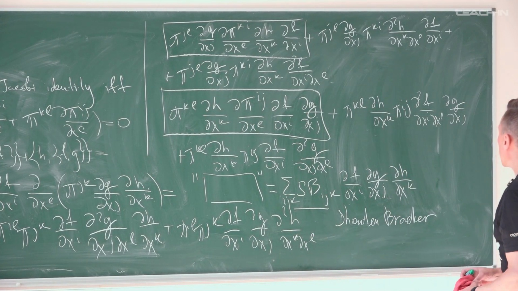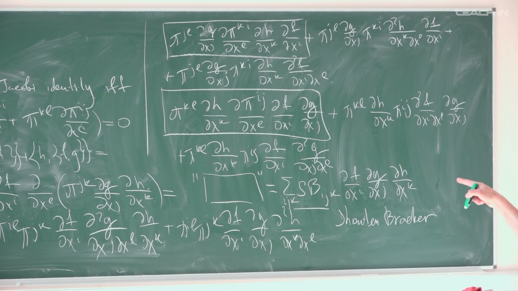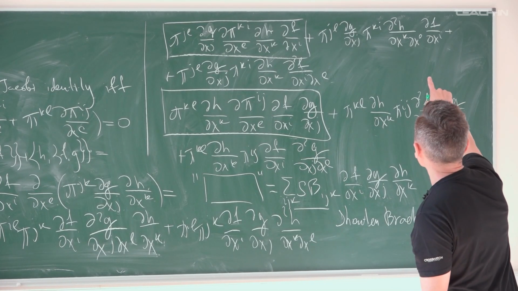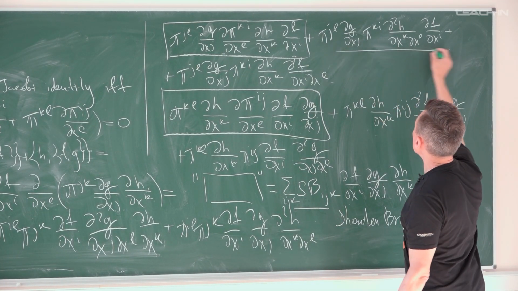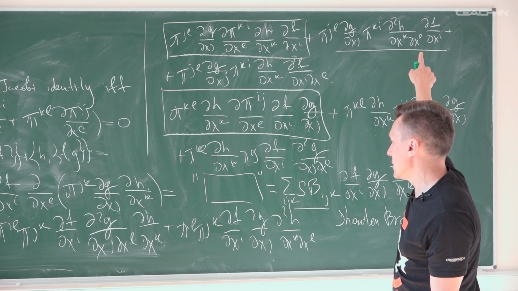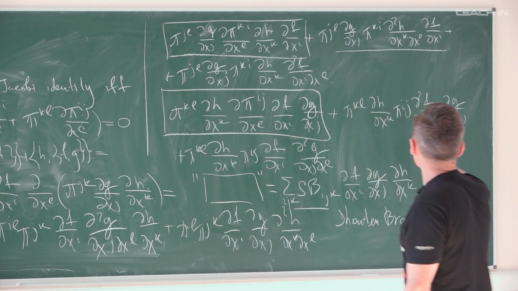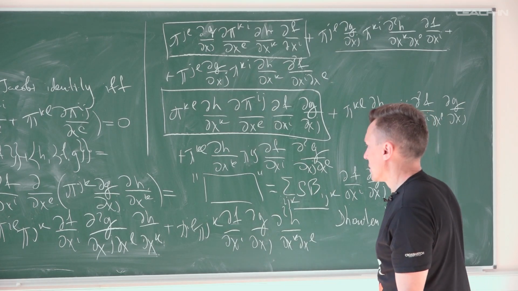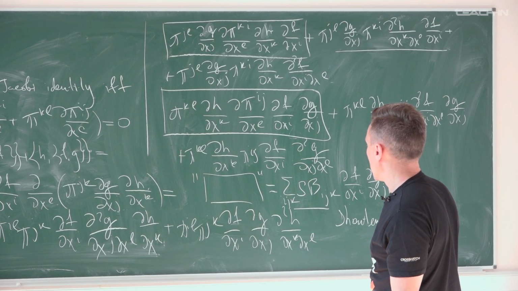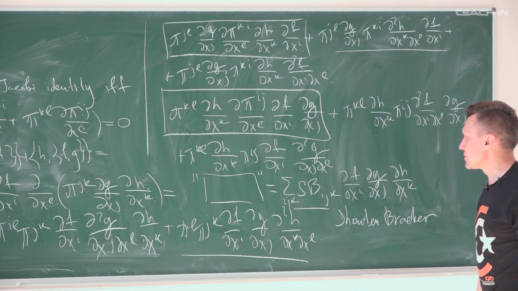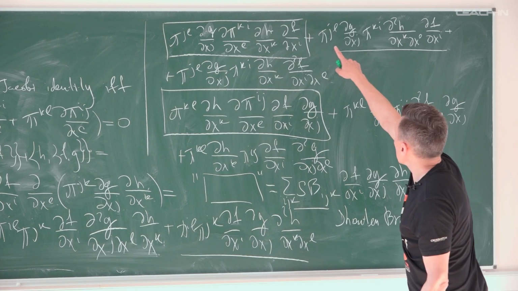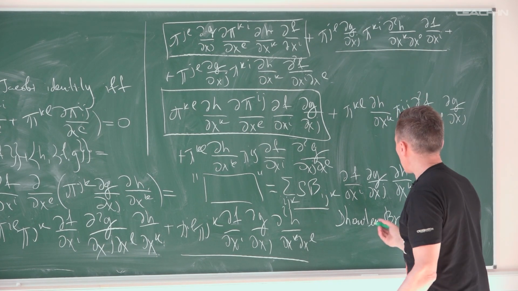But now I should understand how other terms cancel each other. For example, the term with the second derivative of h. It is here, and it is the second derivative of h. I think due to the antisymmetric structure, maybe they will cancel. Yes, the coefficient with this term.